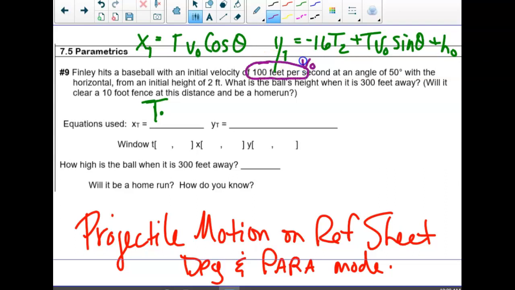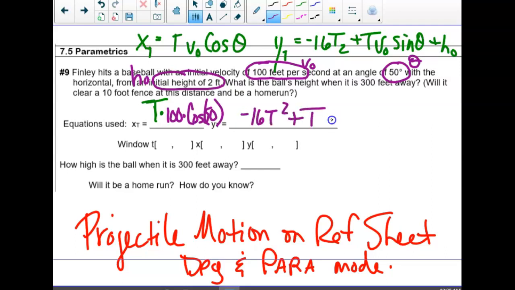This is your v sub 0. 30 degrees is your theta. Initial height is your h sub 0. So this would be t times 100 times the cosine of 50. And then y is going to be negative 16t squared plus t times 100 sine of 50 plus 2.